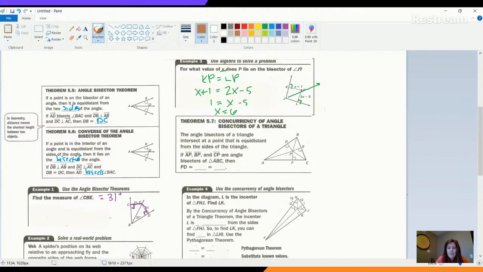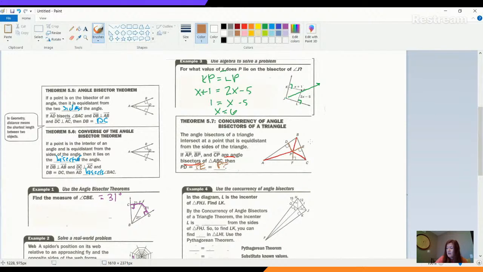So if AP, BP, and CP are the angle bisectors, and again, let me do a little highlighting, the angle bisectors are going to be in red, then once you find that center, PD, PE, and PF are all equal. So it's equidistant from the sides.